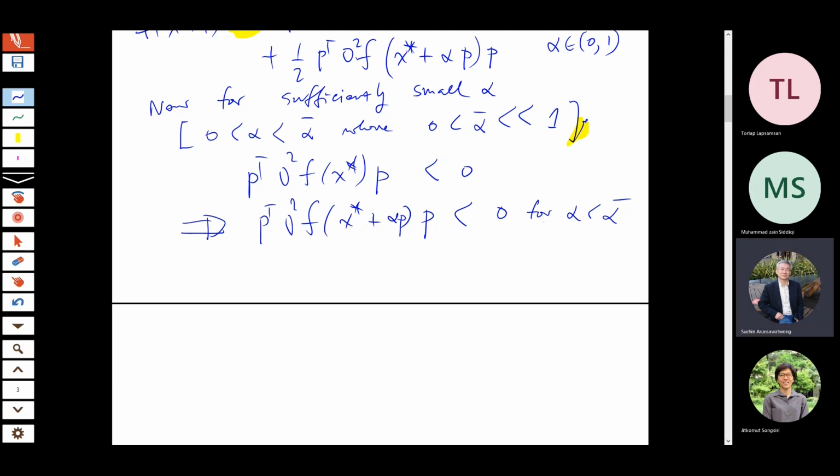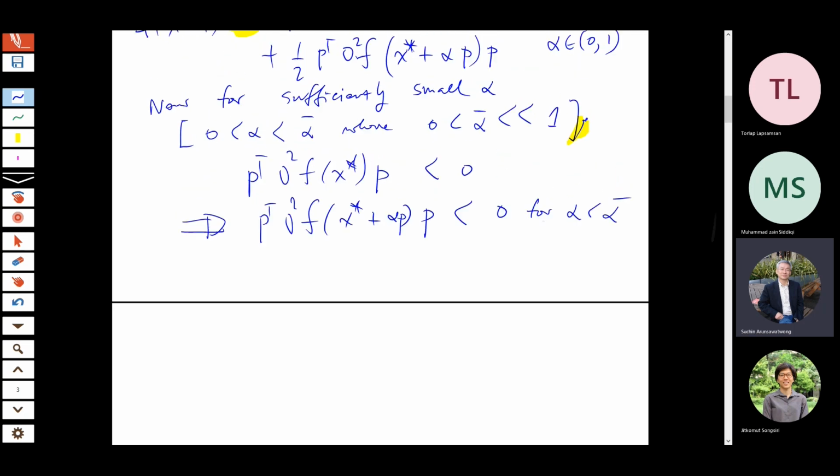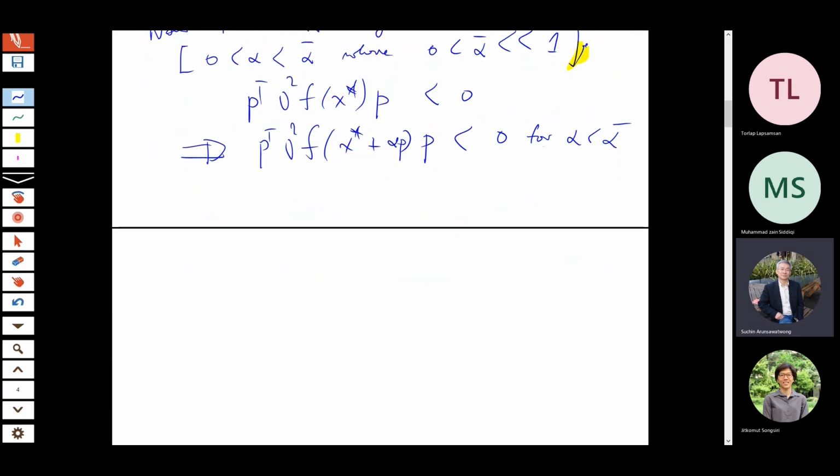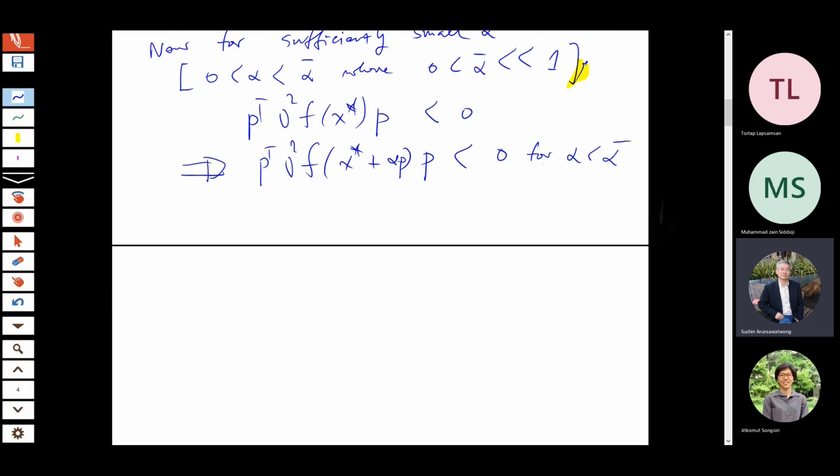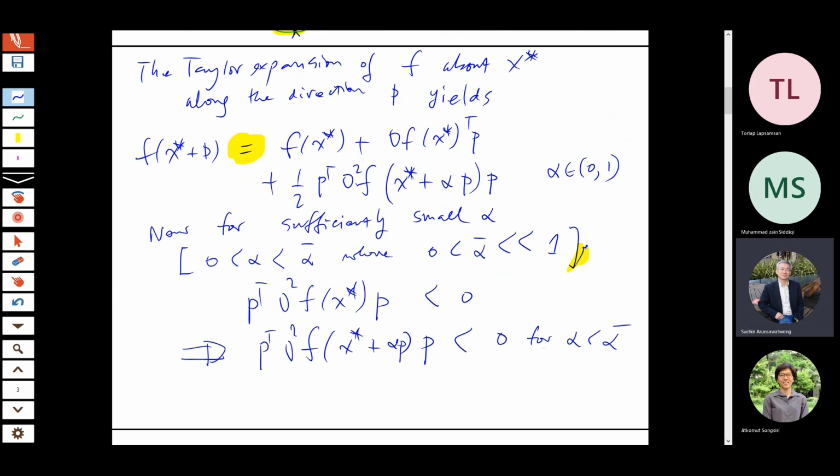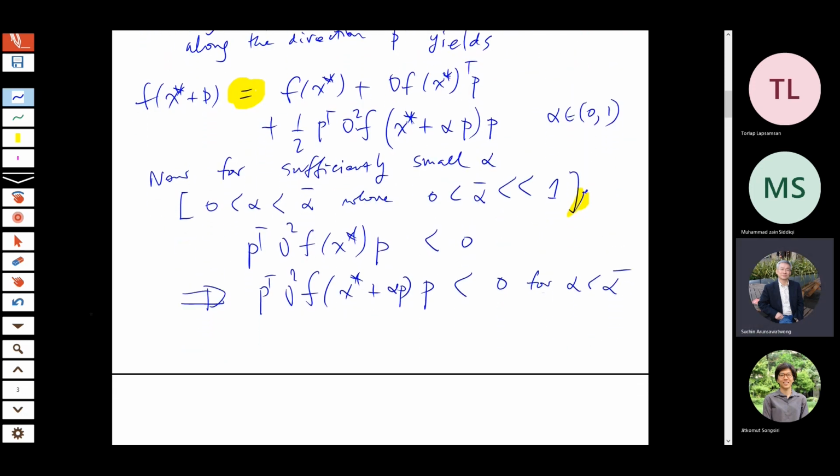If you don't see this immediately, you may need to spend some time understanding this. And this is the key conclusion that we will use to make the contradiction.